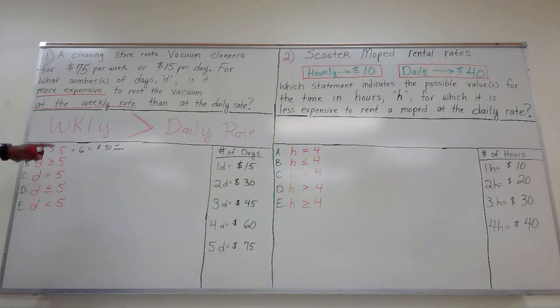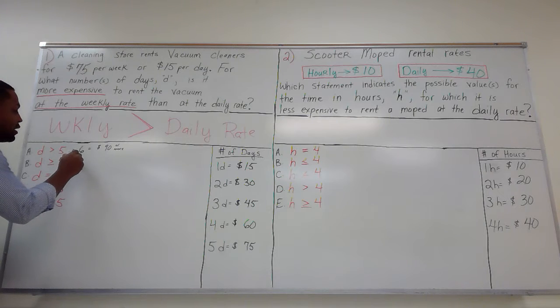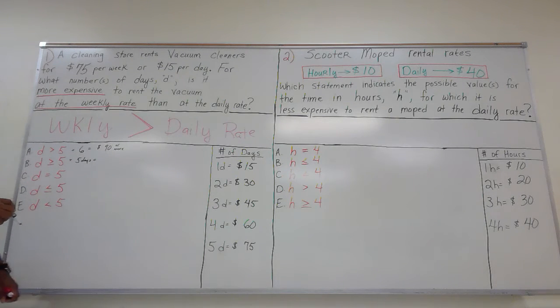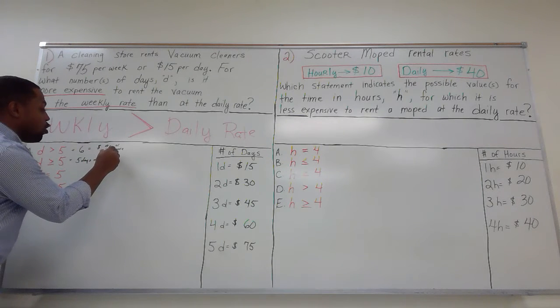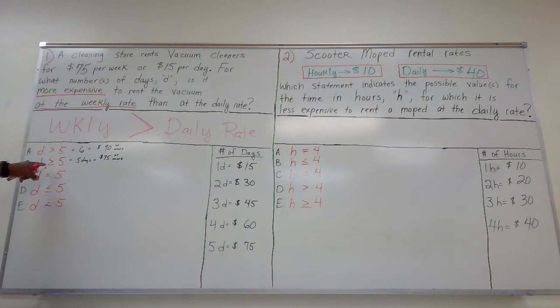B says D is greater than or equal to 5, so that means it could be 5 days, which would give me $75 or more, because the inequality sign reads greater than or equal to.